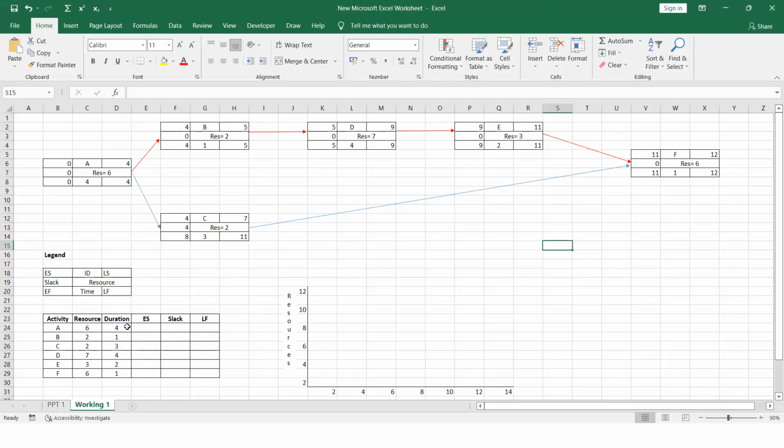So this is the table that you have to start. So in this table, you can see there are activities. All these activities I have written down, and all the resources that we require to complete each of the activities I have also listed down. So I hope you are working with me as well. So please draw this table. So for activity, you have to write down A, B, C, D, E, F, and the resources you have to write down as 6, 2. So you can see, right?